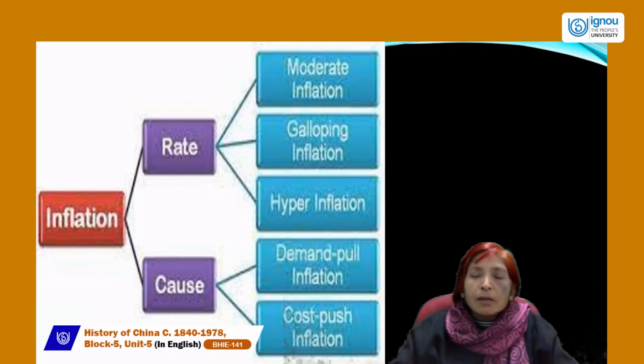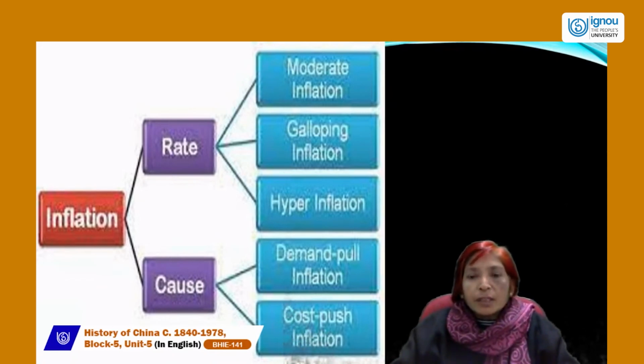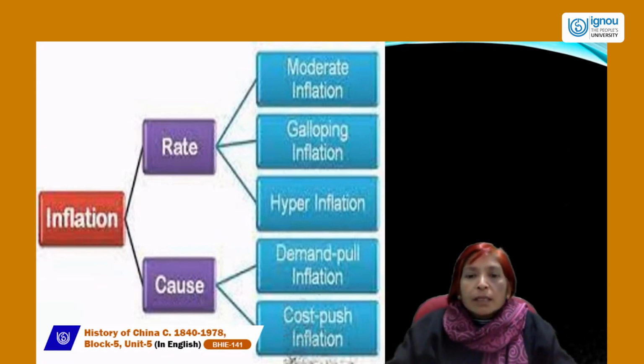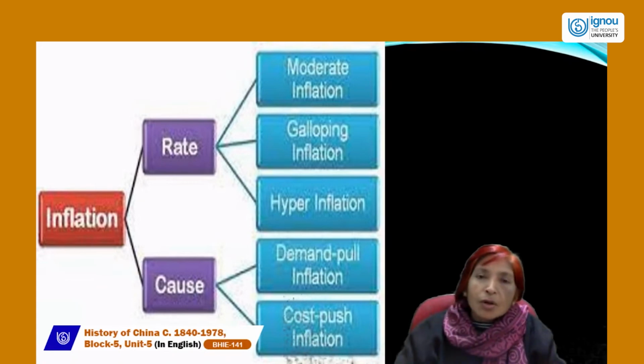So there are different types of inflation which may exist in an economy, and we can define these different types of inflation according to inflation rate and other criteria. The two main types of inflation are demand pull and cost push.